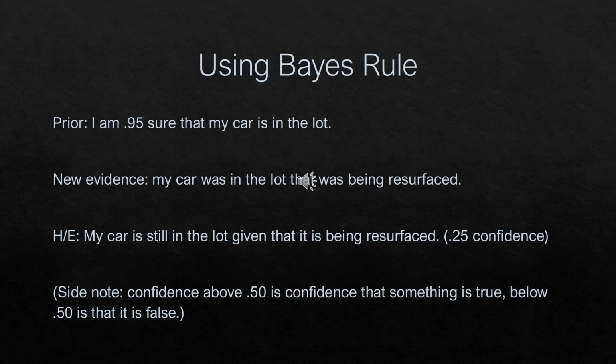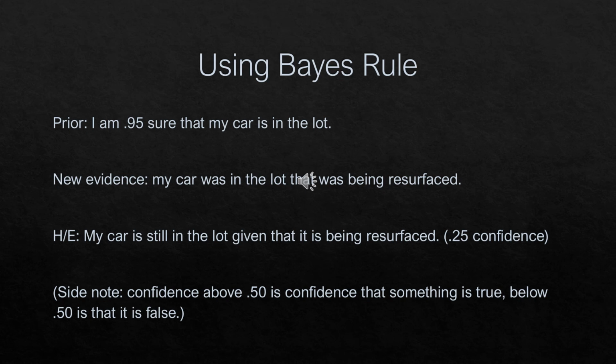Suppose I drove my car to the lot this morning and I left it there. And this is my prior credence, right? Right now, I'm 95% sure that my car is in the lot. Maybe I'm even more sure than that, because nobody's breaking into cars these days, and it's very likely that my car is in the lot. But then I come across some new evidence.